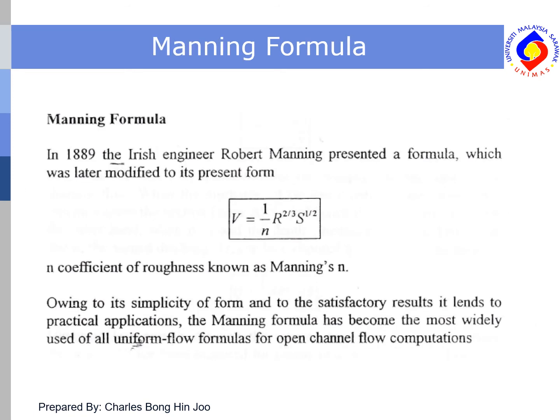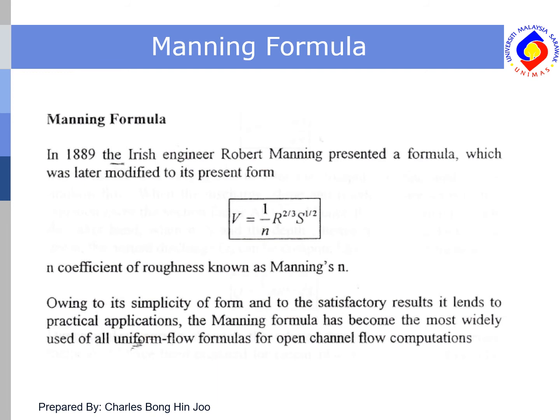However, a more well-established and popular formula is the formula developed by an Irish engineer named Robert Manning in the year 1889. This formula is called the Manning formula, and it has a form of V equal to 1 over n R to the power 2/3 square root of S. The n here is the coefficient of roughness known as the Manning's n.